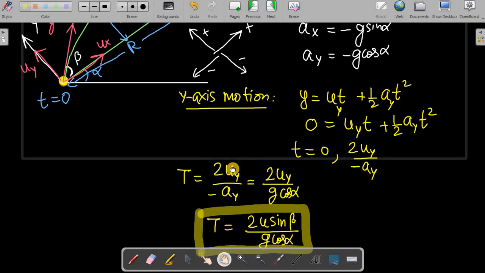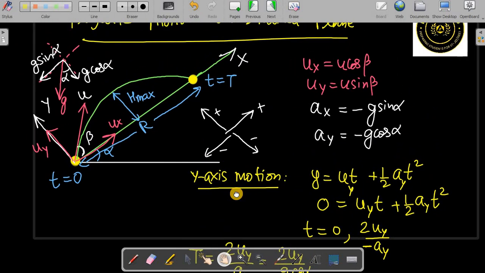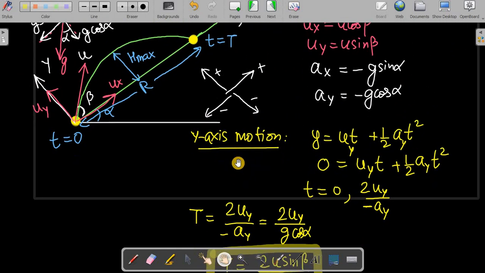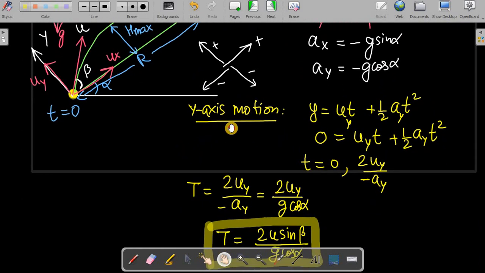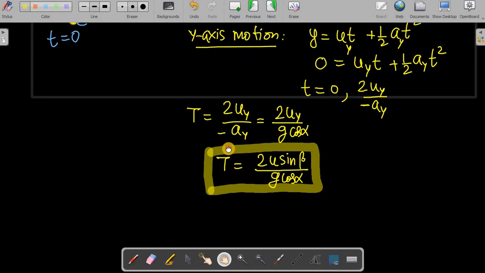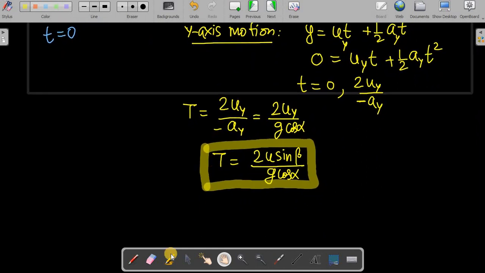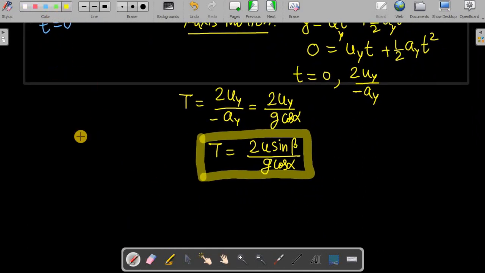In the same manner we can think of calculating Hmax. Let us first calculate Hmax. The Hmax calculation is again y-axis motion only, right? That means when it is going in this direction, at the top it will have no velocity.